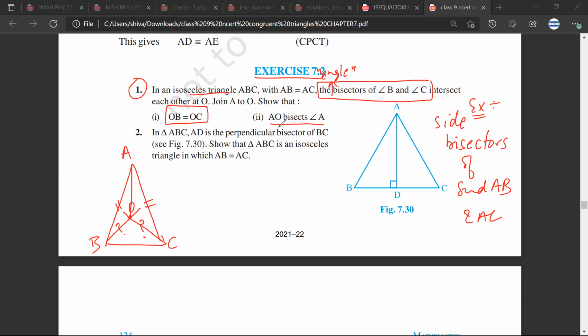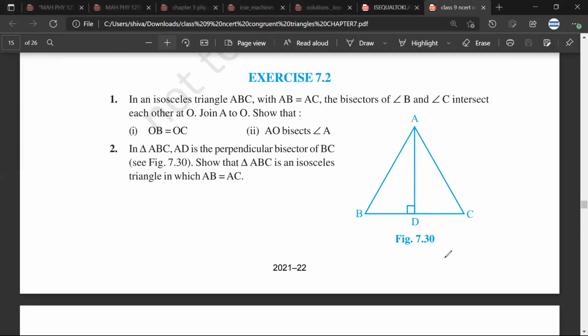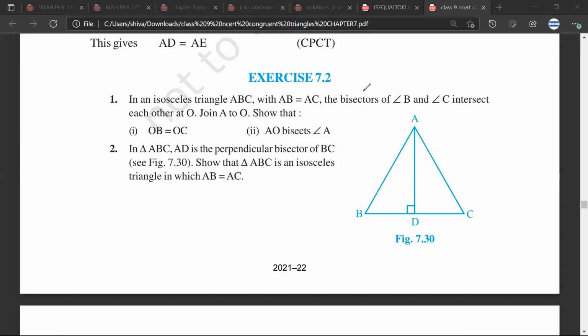So let us redraw a bigger diagram so that we are able to see the question properly. So I have this isosceles triangle ABC.